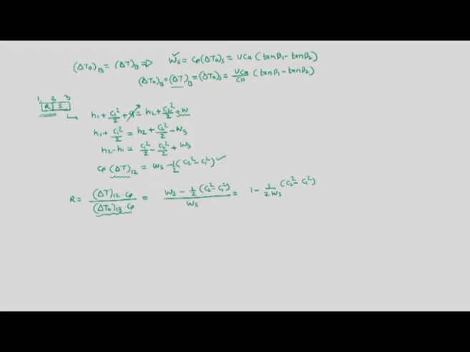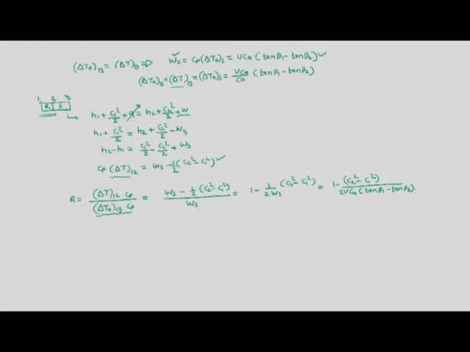But we know that Ws is equal to this, so we can use that and say that R is 1 minus C2 square minus C1 square divided by U Ca into 2 into tan beta 1 minus tan beta 2. So this is the formula till now for R.